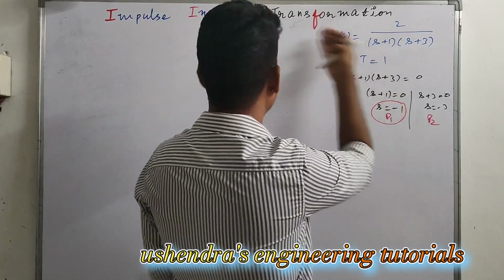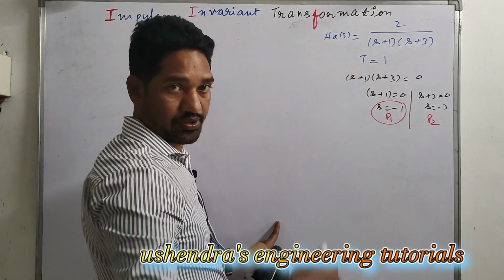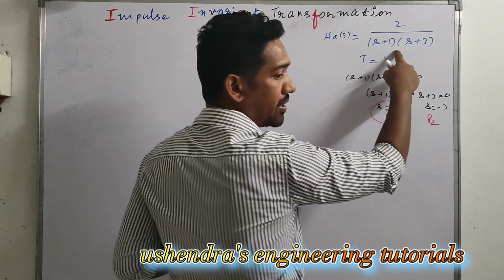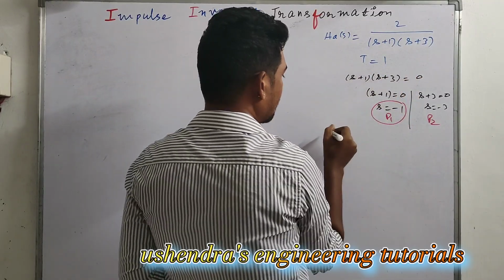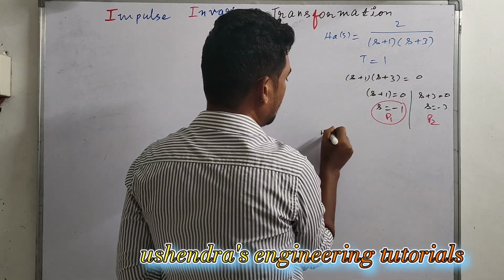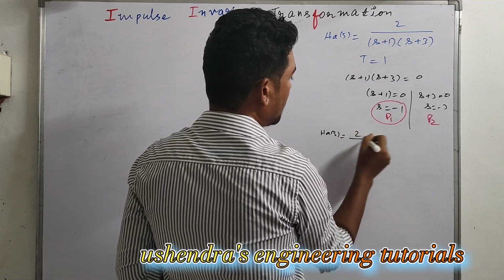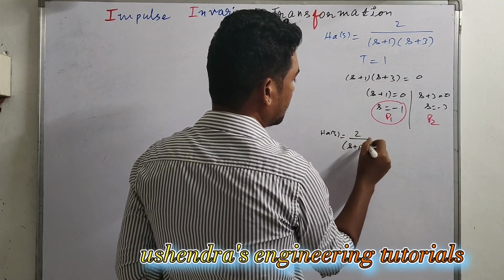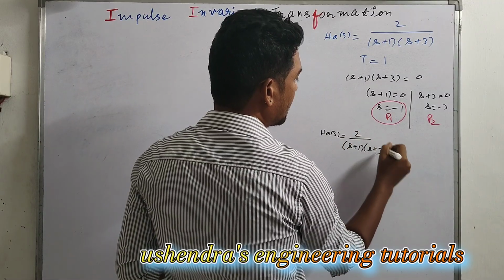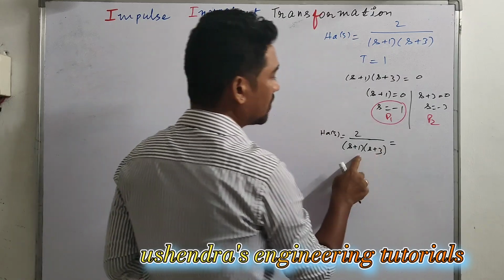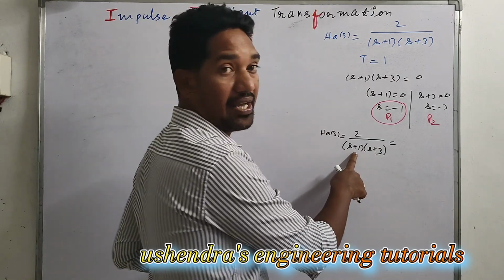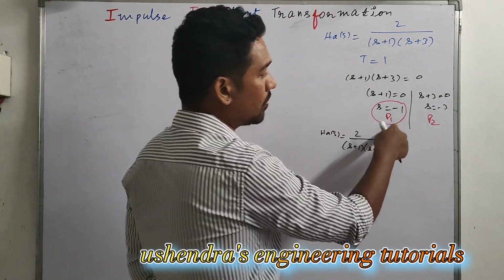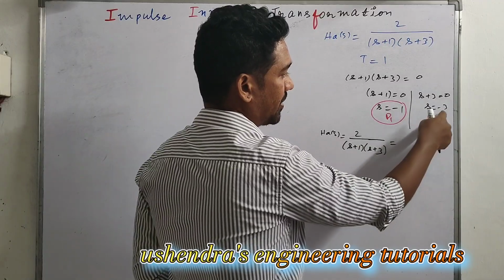And on the other hand, to obtain that inverse Laplace transform, we need to get the partial fractions. So what factor is that? HA(s), which is 2 upon (s plus 1) into (s plus 3). This transfer function has simple and distinct poles. The poles are not repeating: it's minus 1 and minus 3.